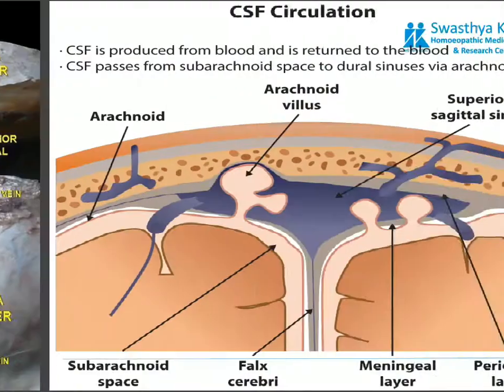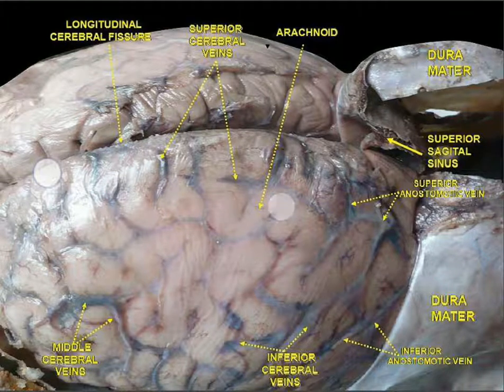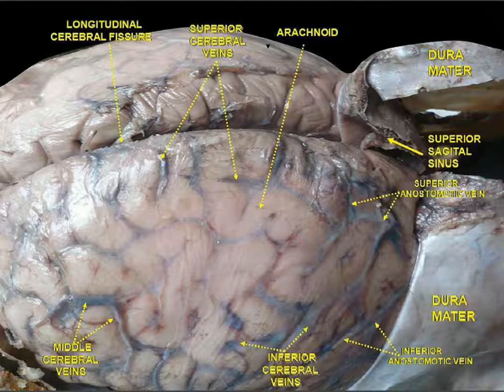This thin, delicate layer that loosely surrounds the brain is the arachnoid mater, and below this there is the pia mater, which is completely adherent to the brain, and it is very difficult to remove the pia mater from the brain.